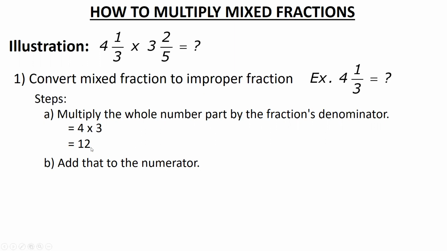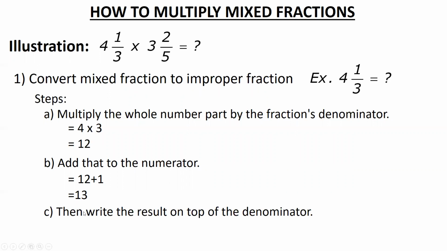So add 12 plus the numerator 1 equals 13. And then third, write the result on top of the denominator. So 13 on top of the denominator. So the answer is 13 over 3.